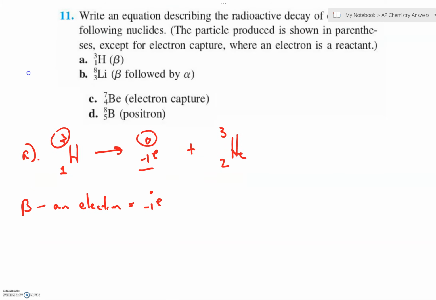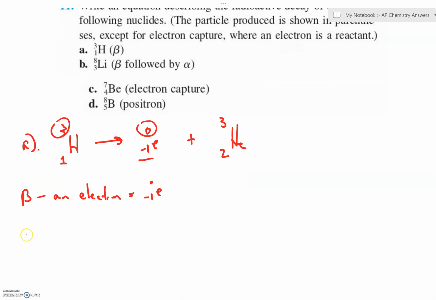All right. So part B would say, okay, we've got a nucleus of lithium, and it's going to undergo beta emission followed by alpha emission. So the first thing that's going to happen is we're going to lose a beta particle. We're going to lose an electron.